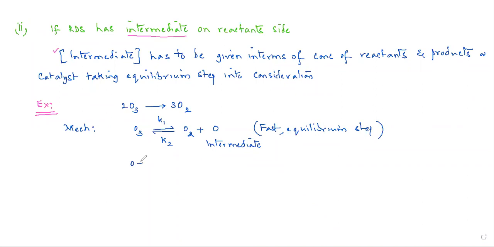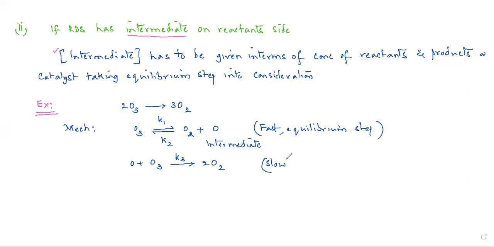Now, this intermediate will react with another molecule of ozone. Let the rate constant be K3 to form O2. See, of course, the second step is the slow step.